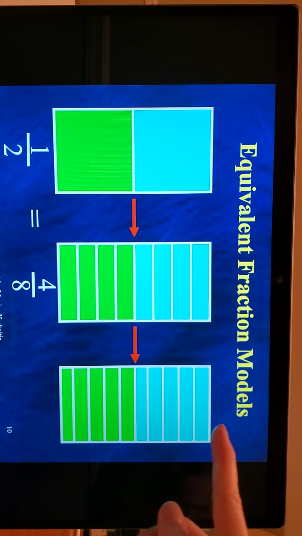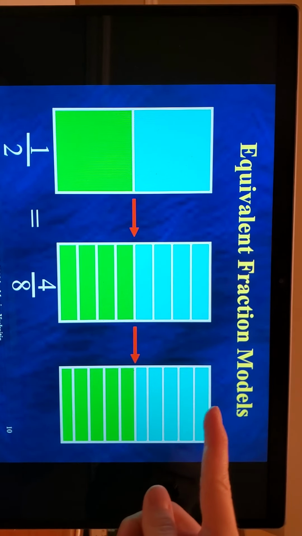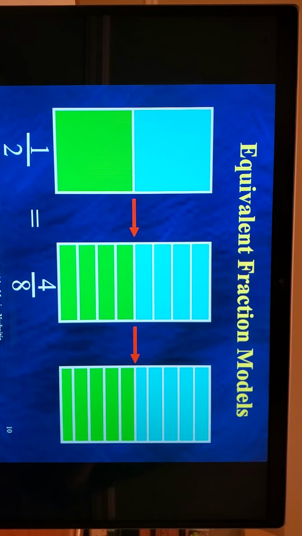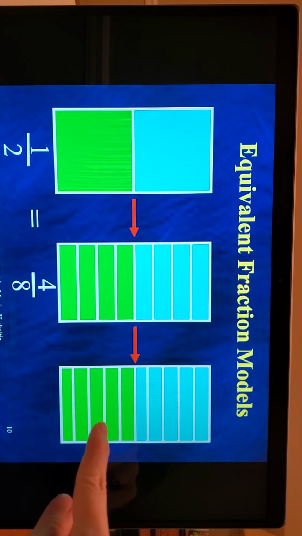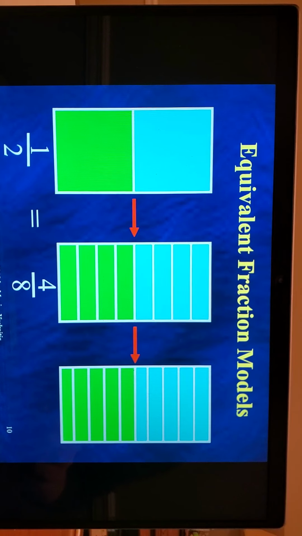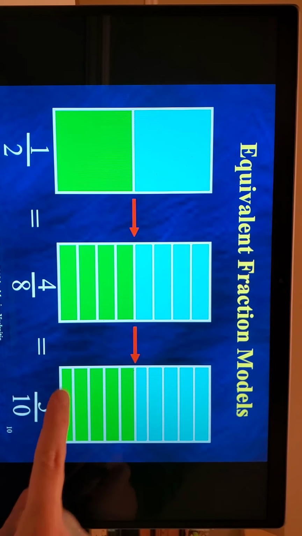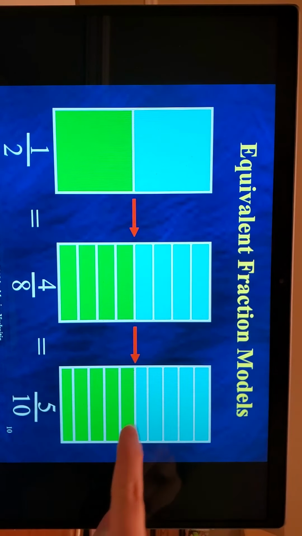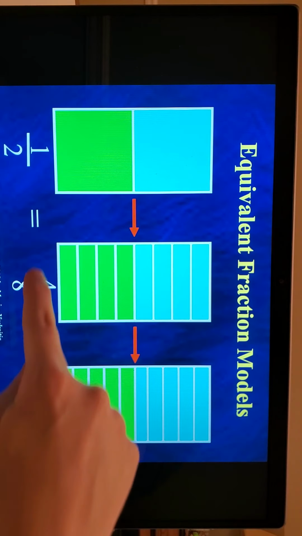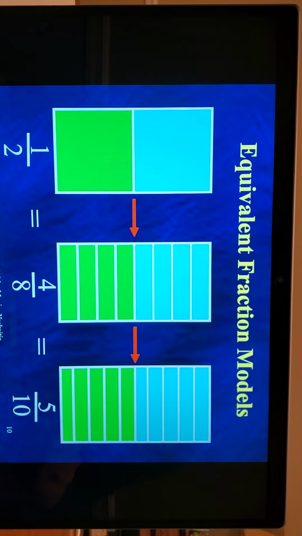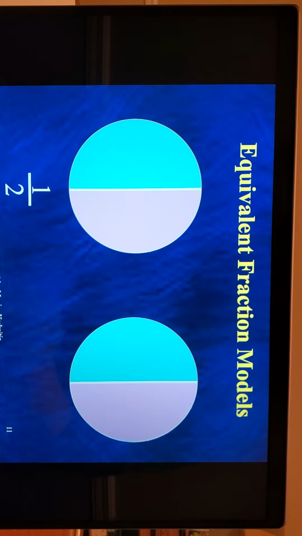We could break it into even more pieces, and this time we have 10 equal-sized pieces. 1, 2, 3, 4, 5 of those pieces are green. So 5/10 is equivalent to 4/8. It's the same size that is green, which is equivalent to 1/2.